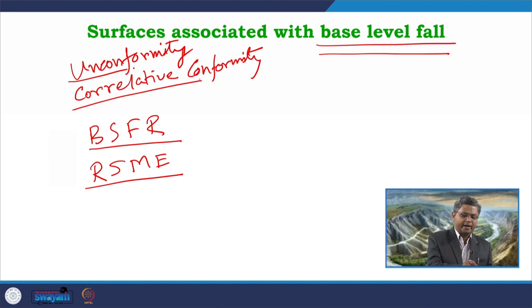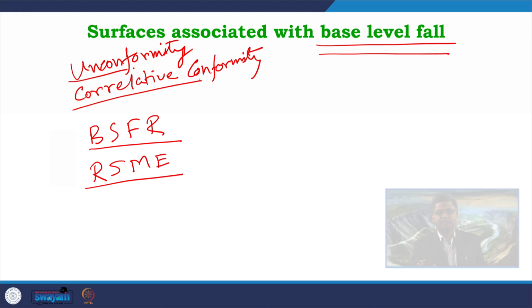These four different types of major surfaces form within a sequence during the phase of base level fall.